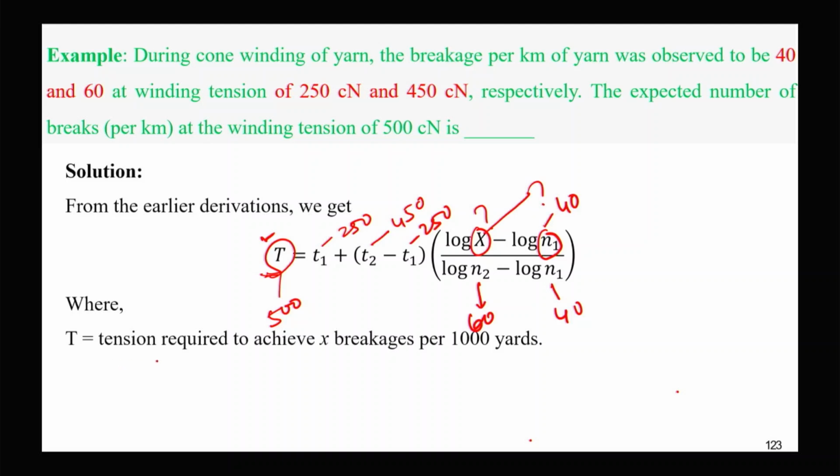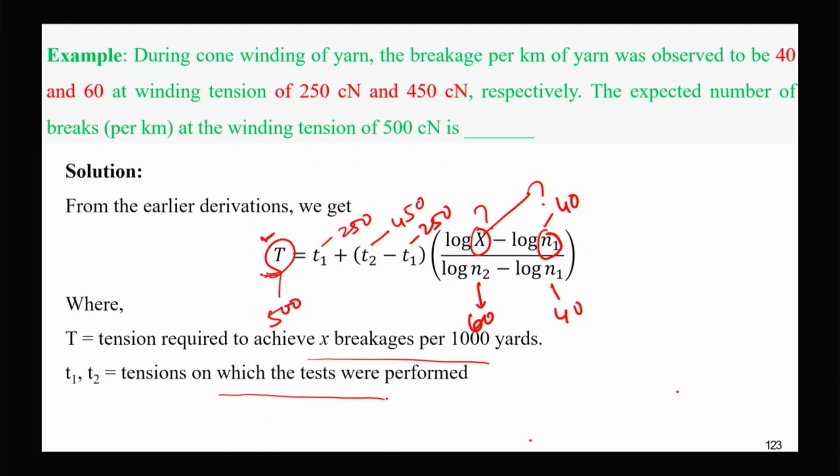So the tension required to achieve x breaks per 1000 yard: T1 and T2 are the tensions at which the tests were performed, and N1, N2 are the breakage rates at tensions T1 and T2 respectively.